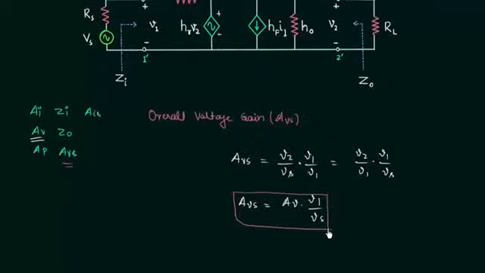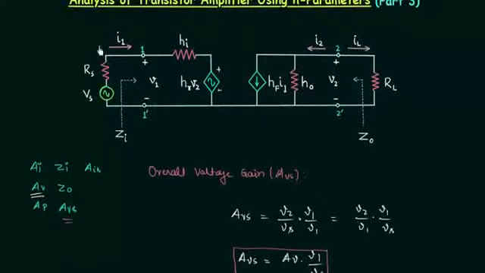In the next step, we will find out V1 by Vs, and for this we need to refer to this circuit. The input impedance is equal to Zi.